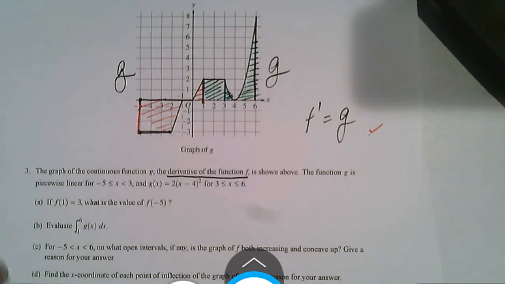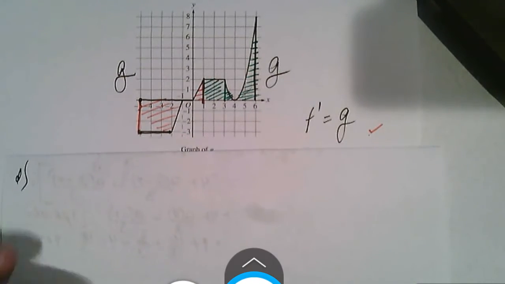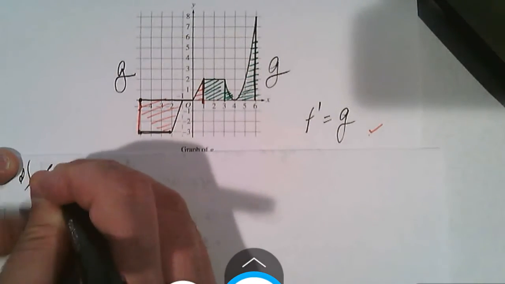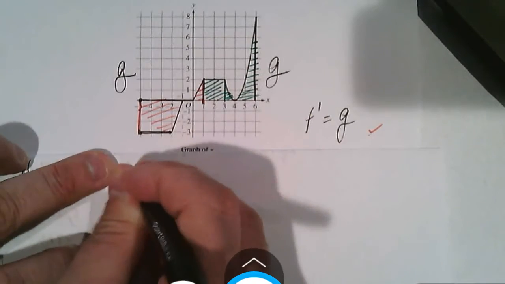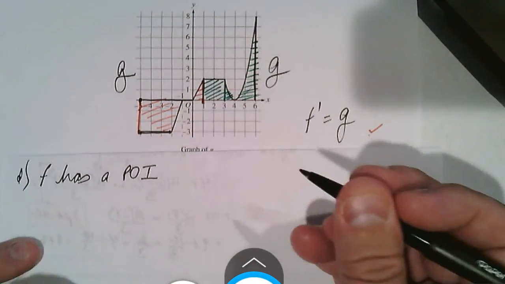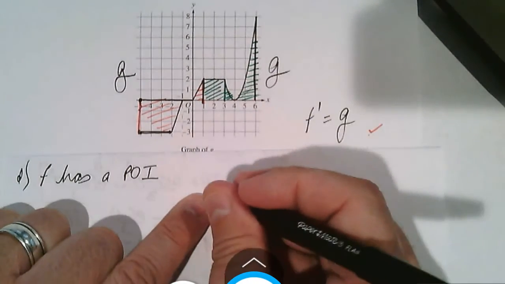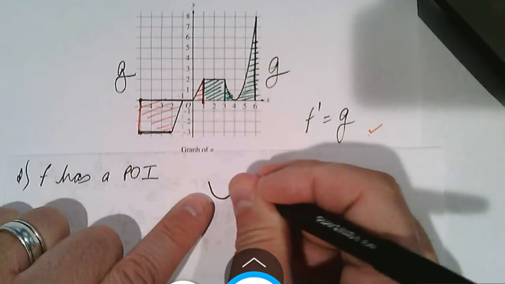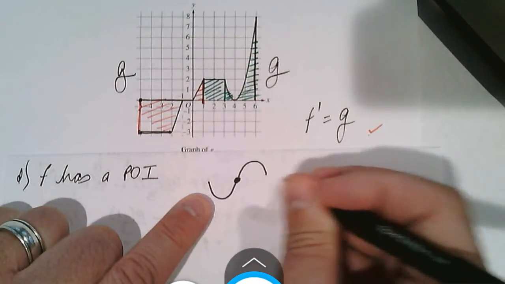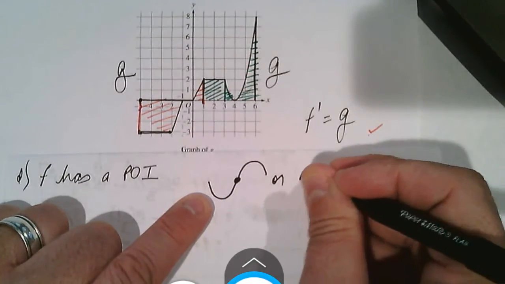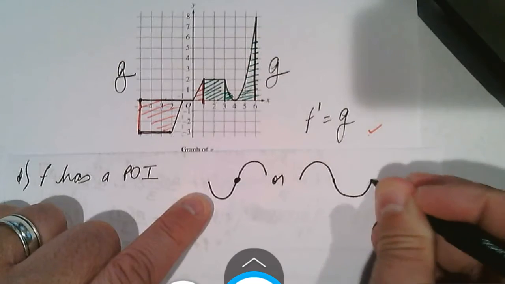In part D, we're asked to find the x-coordinate for each point of inflection of the graph of f. All right. So if f has a POI, a point of inflection, that means that f changes from concave up to concave down, or from concave down to concave up.